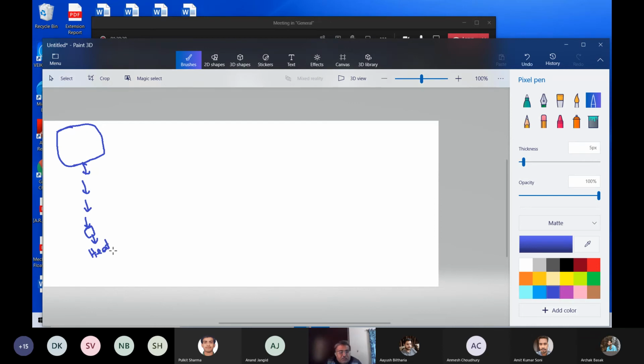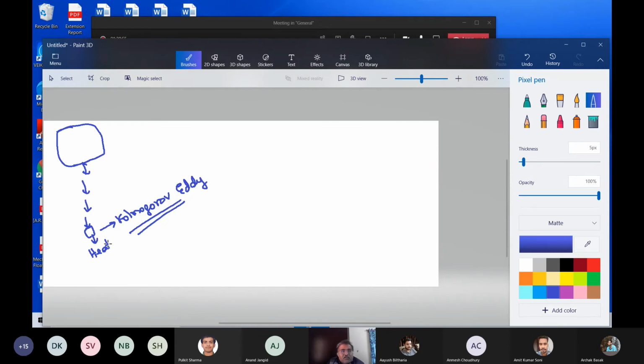Now, the smallest eddy just before it dissipates as heat is known as the Kolmogorov size eddy, or Kolmogorov eddy. This is in honor of the person who worked a lot in this field, Kolmogorov, a Russian scientist.